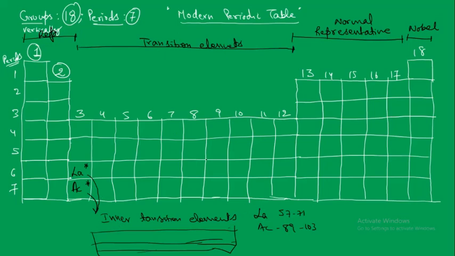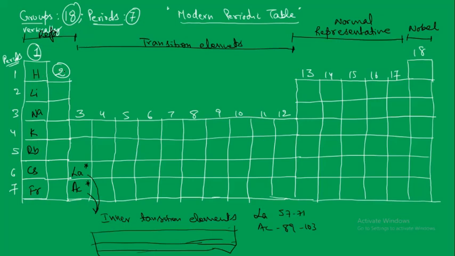Now for group 1 and group 2, when we write the electronic configuration, the electrons are filled in different shells. Looking at the names of the elements: hydrogen, lithium, sodium, potassium, rubidium, cesium, francium.